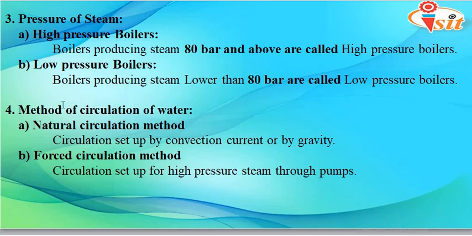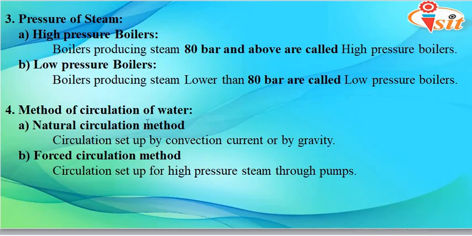Again, the next classification is according to the method of circulation of water. It will be natural circulation or forced circulation. We have several types of boilers, which we are going to discuss in our next lecture. But there are a few boilers where natural circulation takes place due to gravity. In that case, we call it a natural circulation boiler.